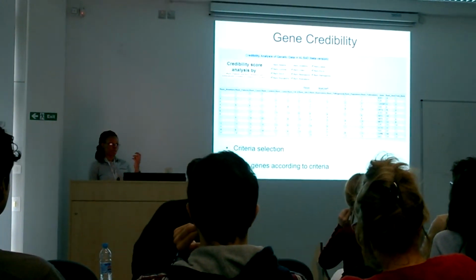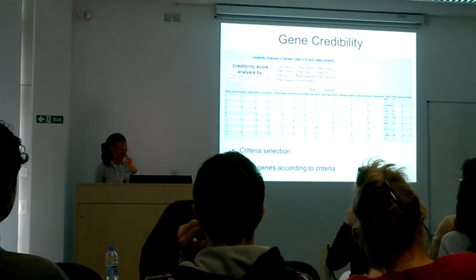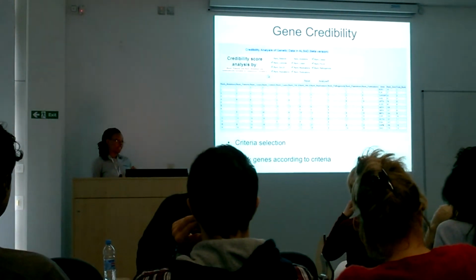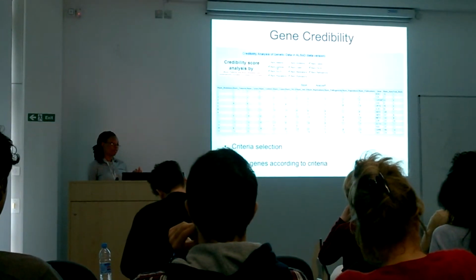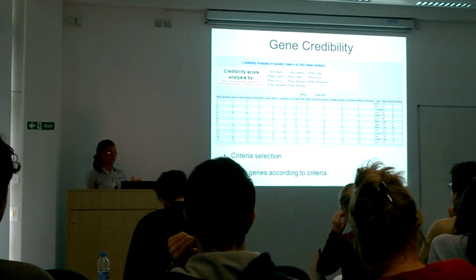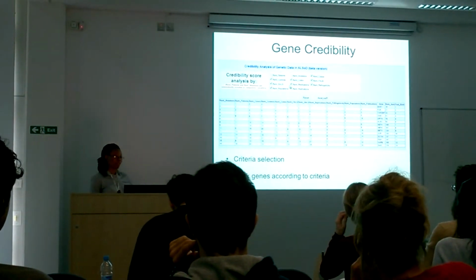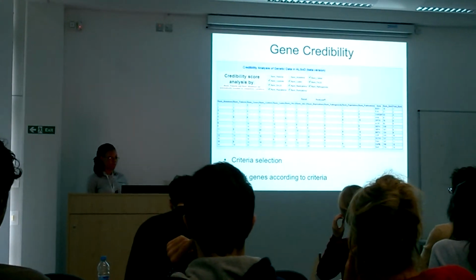So when you click on the criteria on that page, you can click on controls, ranking the genes by controls or by codon, by the mutations, or by the number of cases that have been researched, or the number of publications.